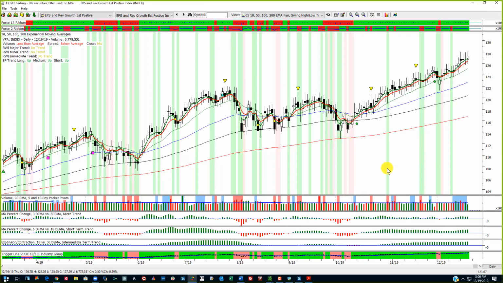I use a market cap weighting on this indexing, but since this rally began, these stocks, the 587 stocks in this list, this is how they've performed since this rally began. And these are stocks that have earnings growth and revenue growth.